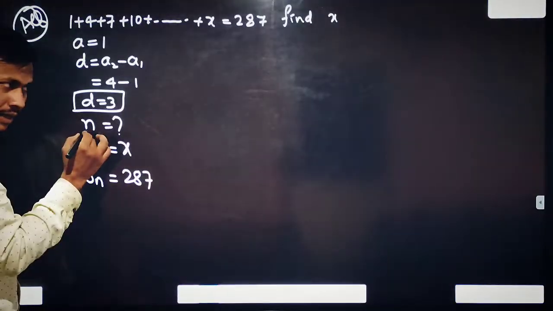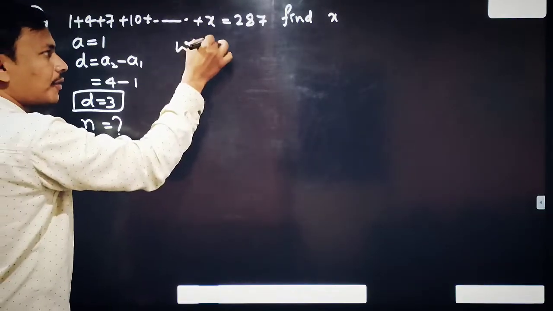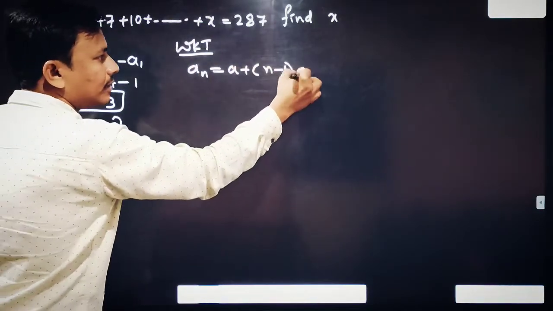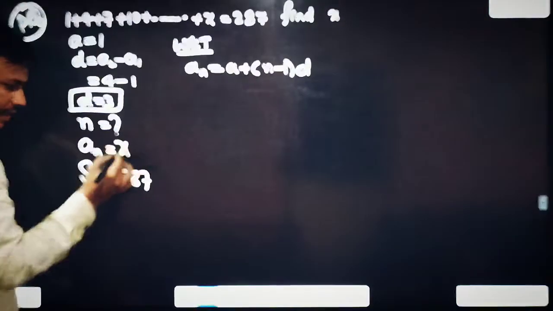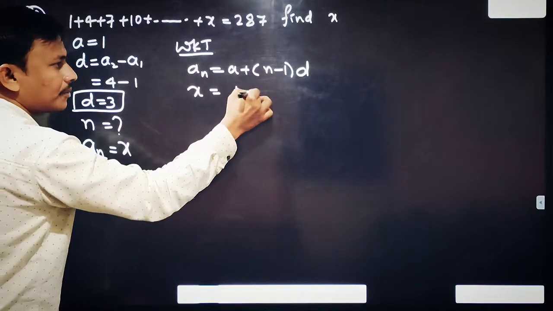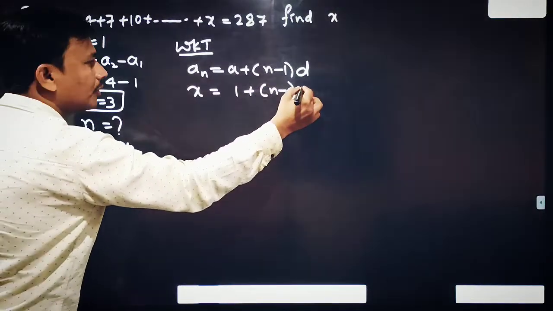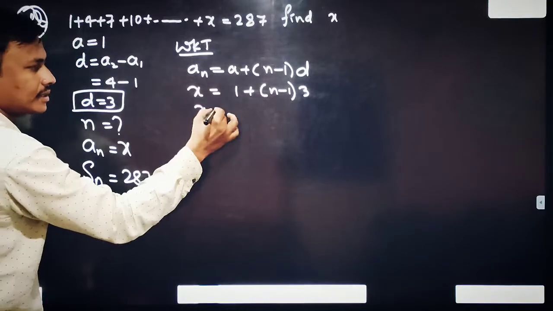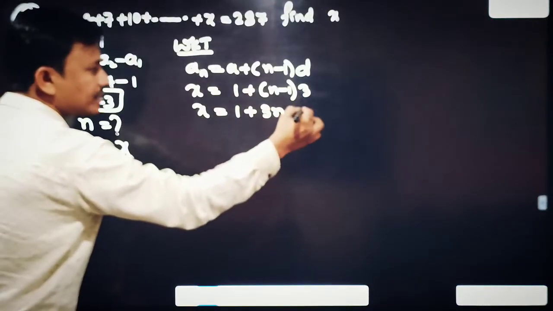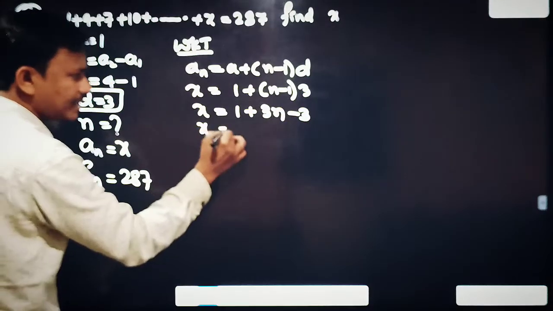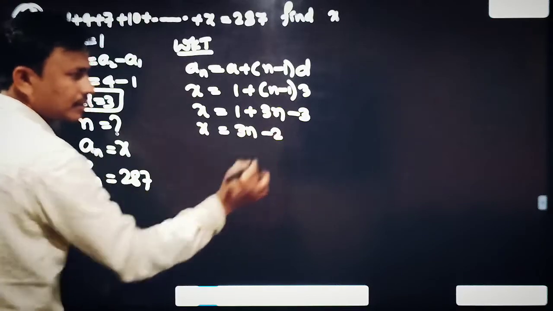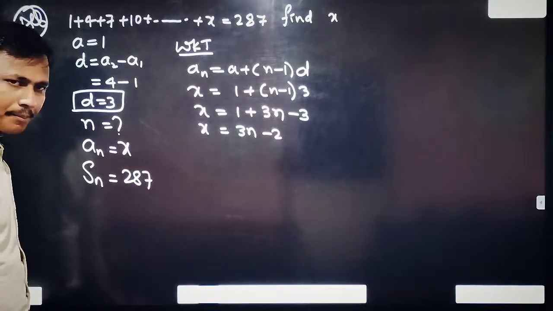First, n with the help of the formula, the small formula, that is the an formula: an is equal to a plus in bracket n minus 1 into d. What is an value? x is equal to a, 1 plus n minus 1, d value 3. x is equal to 1 plus 3 into n, 3 ones are 3. x is equal to 3n as it is, minus 3 plus 1, that is minus 2.